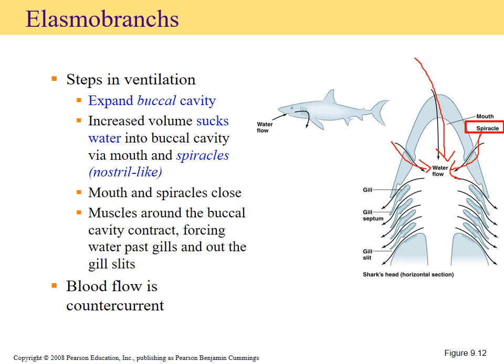At a certain point, the pressure is so high that the water, along with any gases that it's carrying in the medium, will be passed along through the gills. And that's it. So it comes in one way, it goes out the other way, and it utilizes its buccal cavity to create a pressure difference to make sure that you have proper gas exchange, in a unidirectional flow, in one opening, out the other.